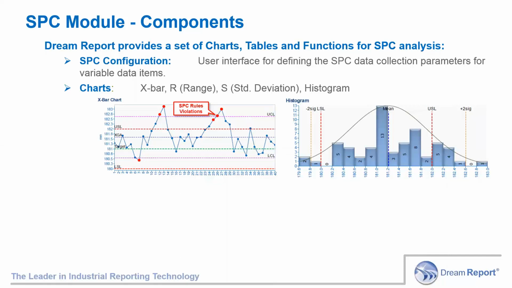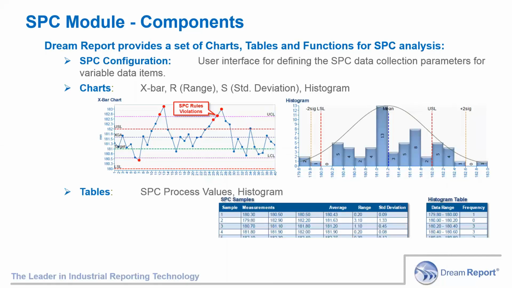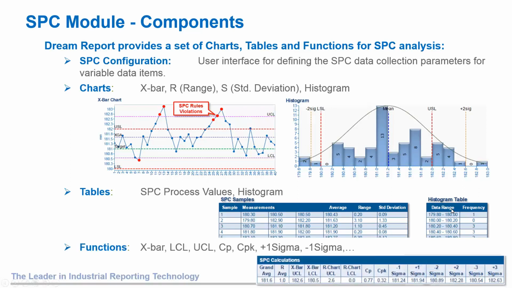We have added a couple of SPC-specific tables. One is the raw SPC values table, which shows you, for each sample, the raw measurements and the core statistics about each of those measurements. And then a histogram table showing your data distribution, just as it would be shown graphically in a histogram chart. And then a set of about 20 SPC-specific statistical functions.